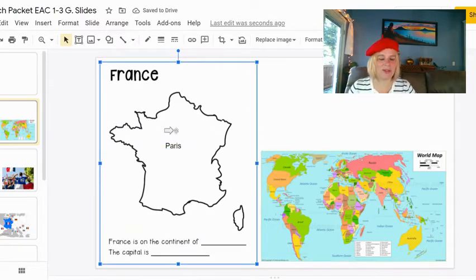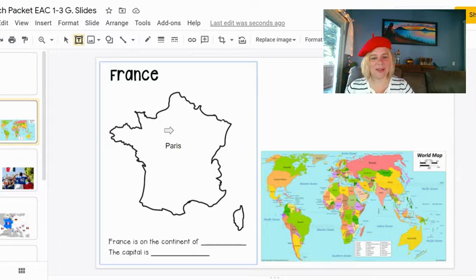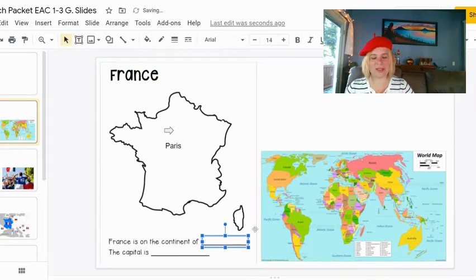Paris, right there. Draw a dot or an arrow. That's the capital. Okay, what is the continent? We live in North America. There's North America, South America, Europe, Asia, Africa, Australia, Antarctica. Which one is France in?